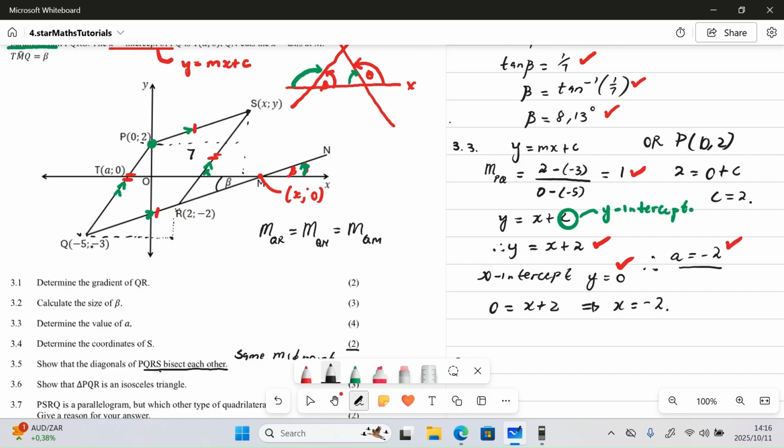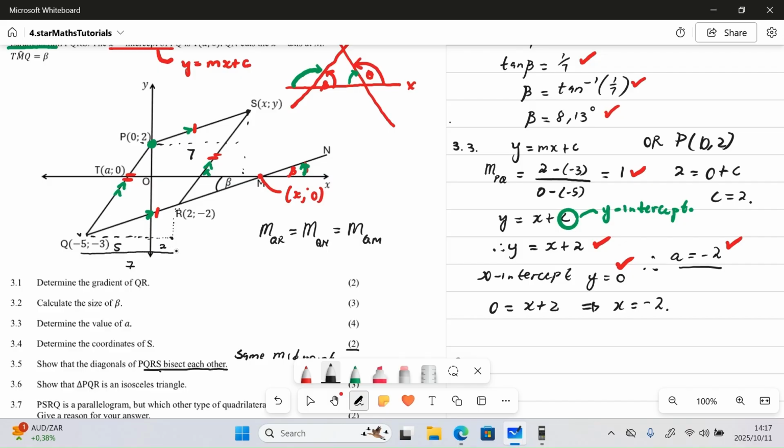So how many units horizontally? Let's check from here, from the y-axis to Q is 5 units. From the y-axis to R is how many units? It is 2 units. Meaning horizontally, I am moving 7 units.